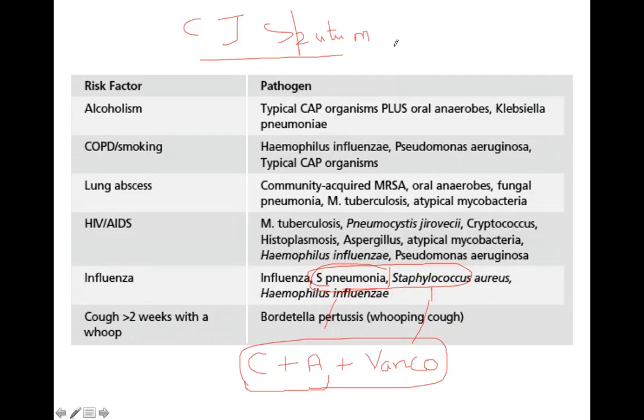Currant jelly stool is seen in which condition? Intussusception, in advanced cases, not in earlier stages. Generally the child will have severe abdominal pain and altered mental status, okay. And if there is ischemia, that will lead to reddish stools, which we call currant jelly stools. So currant jelly sputum in Klebsiella pneumonia, currant jelly stools in very advanced cases of intussusception.